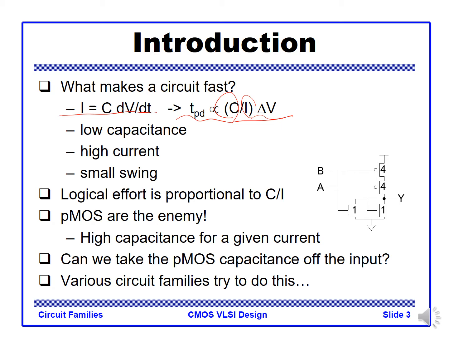And if you have a larger voltage difference, then you get a larger delay. So we want to make the capacitance smaller, or the current larger, or the voltage variation smaller. These are the things you have to consider for a fast circuit.